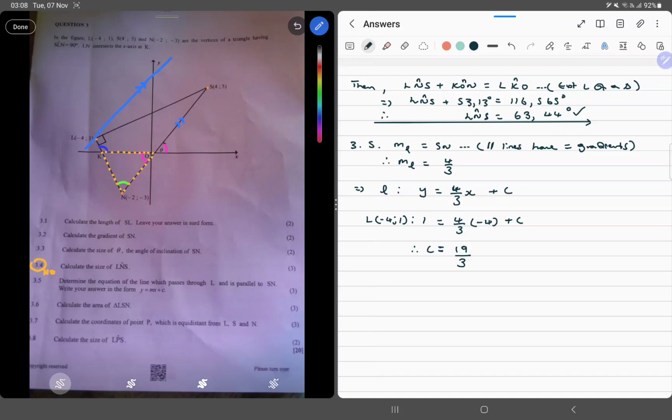So what can we conclude? We can conclude therefore that our line is going to be y is equal to 4/3x plus 19/3. Now that is the line. Does it make sense? Well, it has a positive gradient, a positive y-intercept.